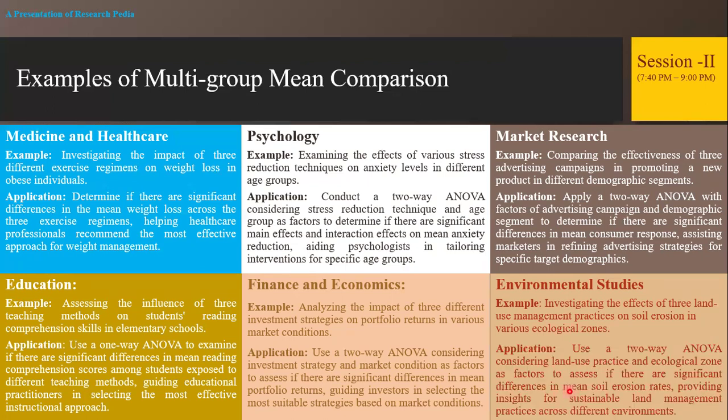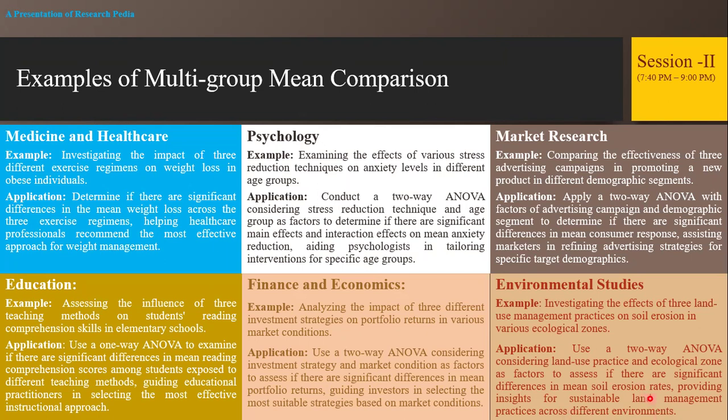You may want to use two-way ANOVA considering land use practice and ecological zone as factors to assess if there are significant differences in mean soil erosion rate, providing insight for sustainable land management practices across different environments.